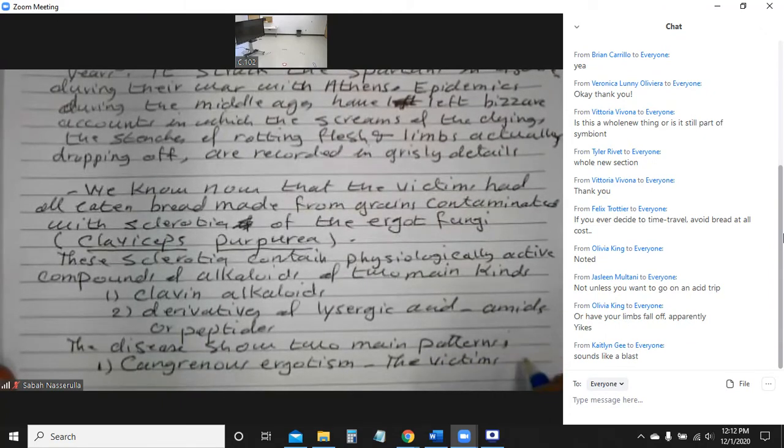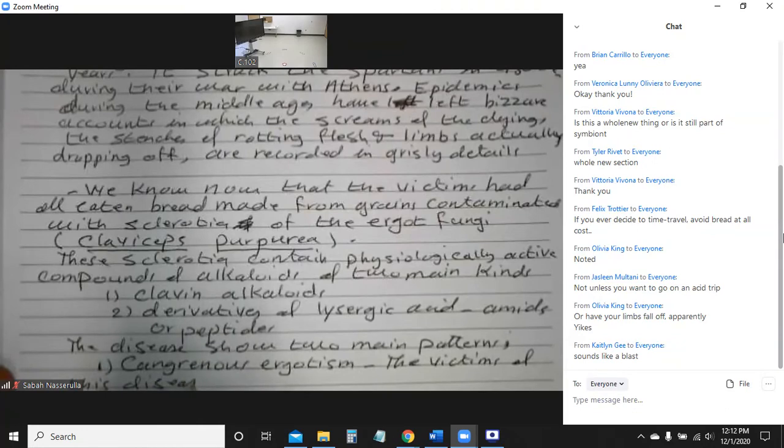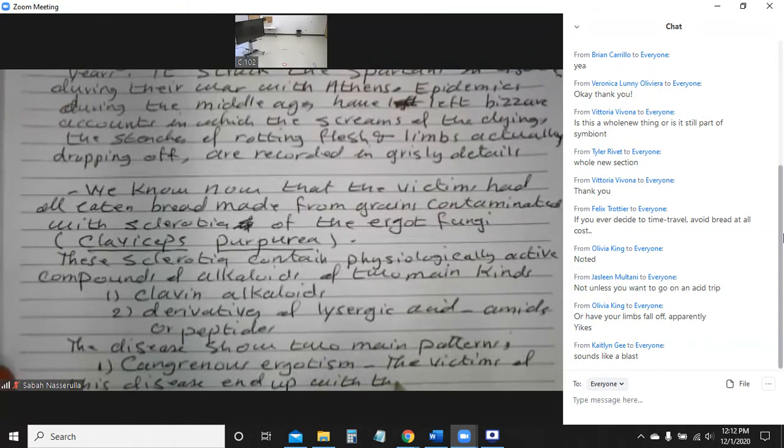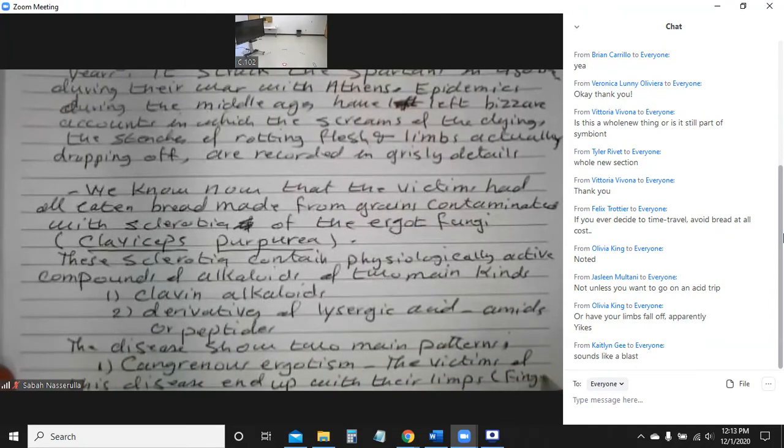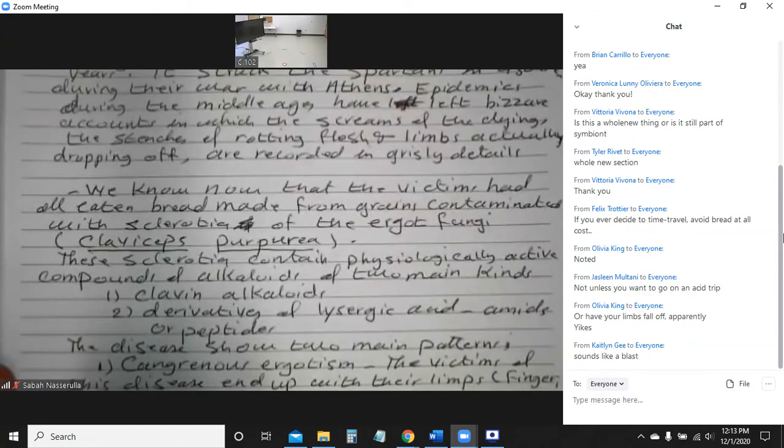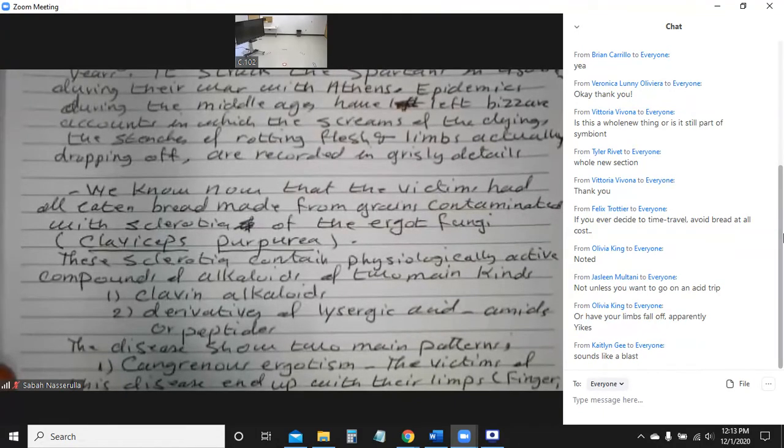The victims of this disease end up with their limbs, for example fingers, hands, and feet, literally sloughed off.